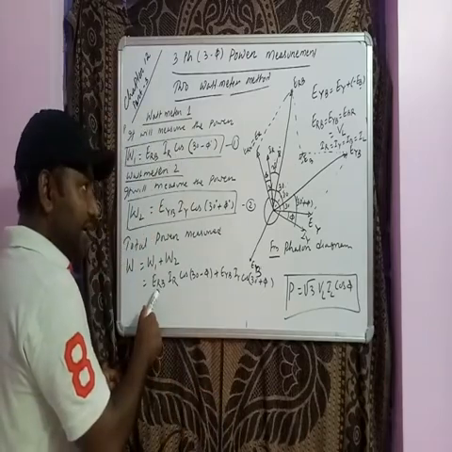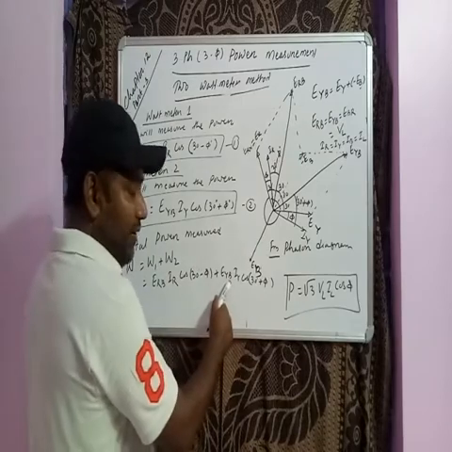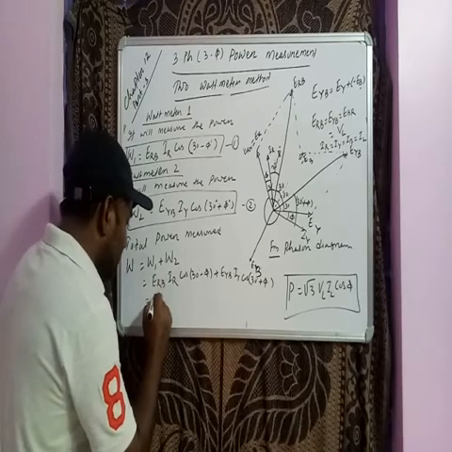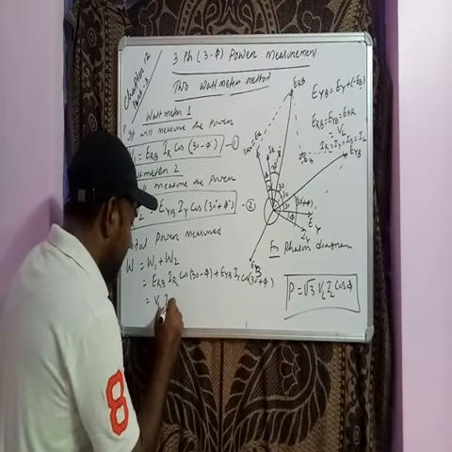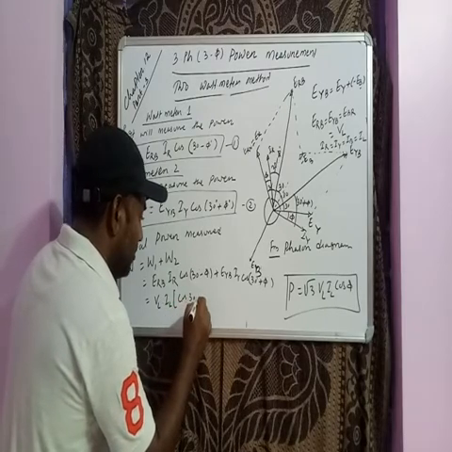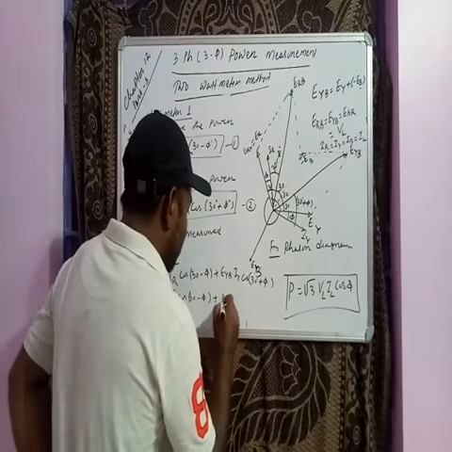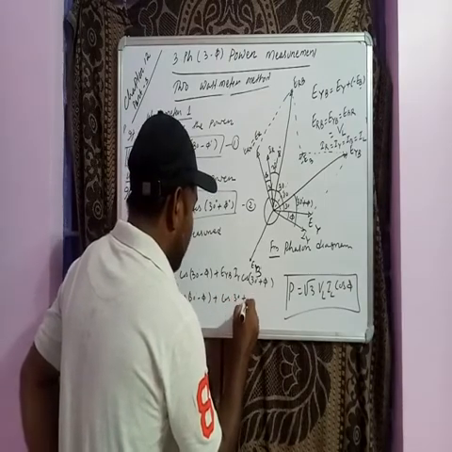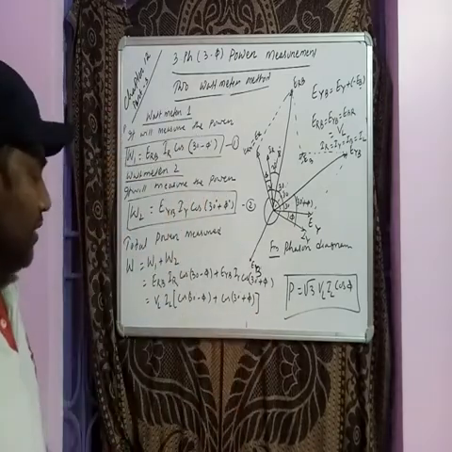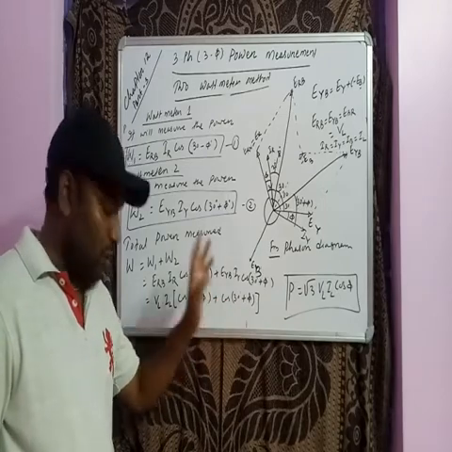So ERB is VL, IR is IL, EYB is VL, IY is IL. So if we use that, then this is VL into IL, then cos 30 degree minus phi plus cos 30 degree plus phi. Up to this clear? Now see, this is cos A minus B, this is cos A plus B.